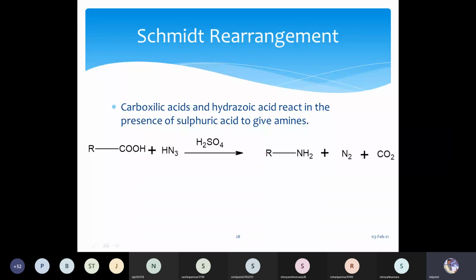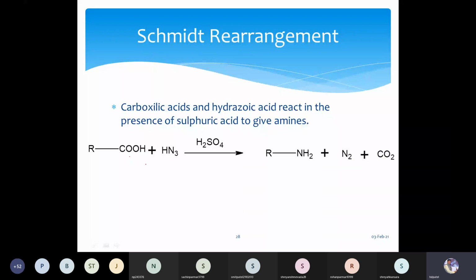Normally, to convert acid into amine, first you have to convert it into an ester or acid chloride, then treat it with ammonia to convert it into an amide first. Then you follow the pathway of the Hofmann reaction. In that reaction, it first converts into isocyanate, then by treatment with water it converts into carbamic acid, and finally into amine.